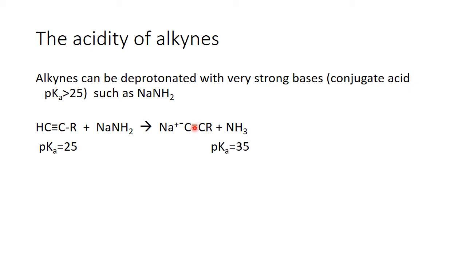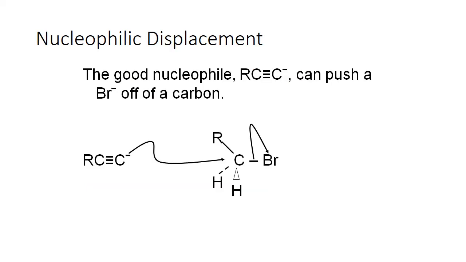So this is like a little bullet, and it can dive into places that are kind of small, as in an SN2 reaction. So here is this good nucleophile diving in to a carbon and pushing away a leaving group.